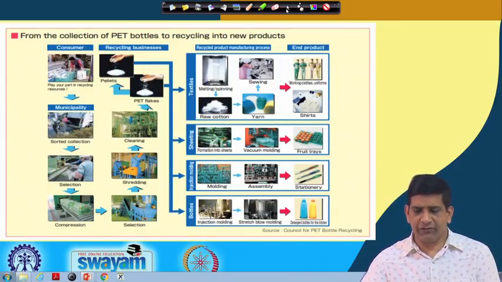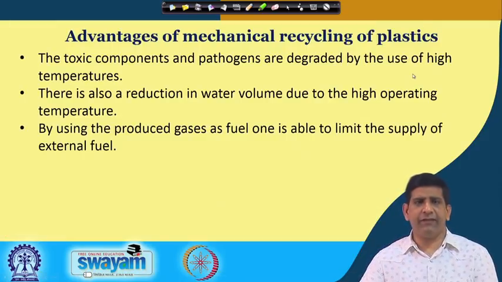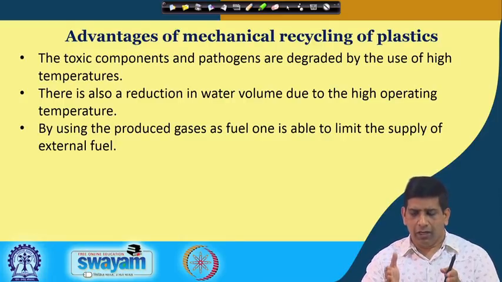Plastic does get recycled, and one of the biggest buyers of recycled plastic in our country is Reliance itself, which uses it for textile in a big way. So what are the advantages of going for this kind of recycling?